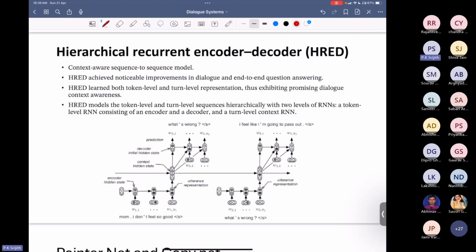But when we use the standard encoder decoder models, where we consider the user message as the input and aim to produce the system response as the output, it does not keep track of what the user has discussed in the past. It is just based upon the current user message that you produce an output. But many times the output that you have to generate will depend upon what you had discussed previously with the user, the user messages in the history.